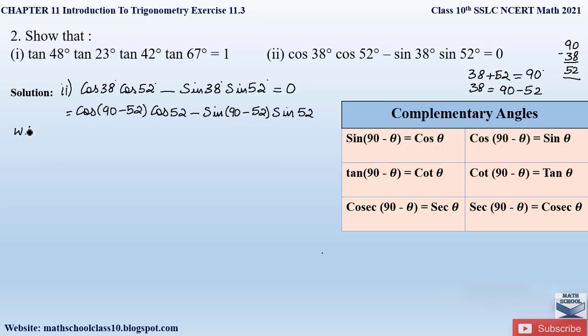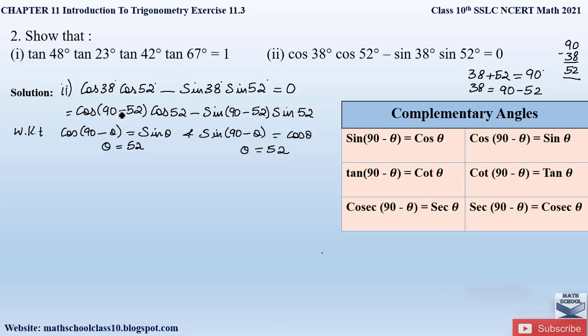So you can write cos 90 minus theta is equal to sin theta and sin 90 minus theta is equal to cos theta. Here in cos 90 minus theta, the theta value is equal to 52, and similarly in sin 90 minus theta, the theta value is also equal to 52 degree.